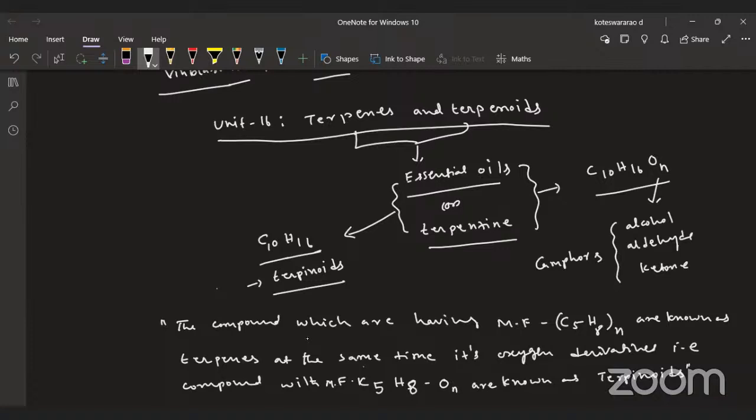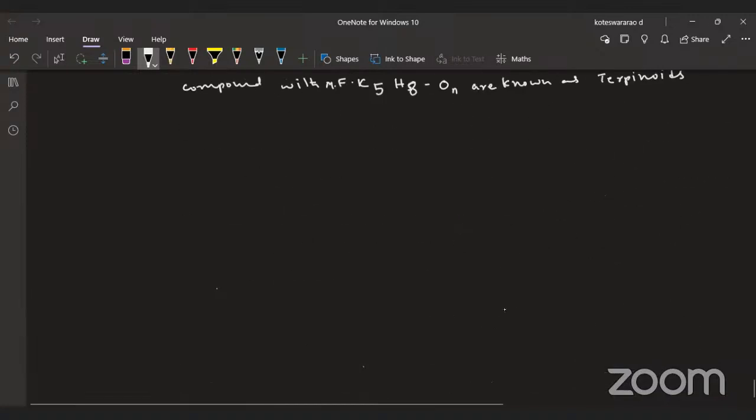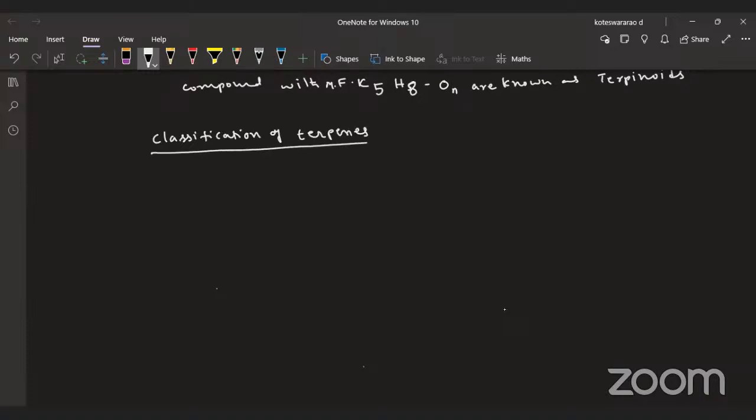Classification of terpenes and terpenoids. Suppose you take any terpene or terpenoid and subject it to degradation.